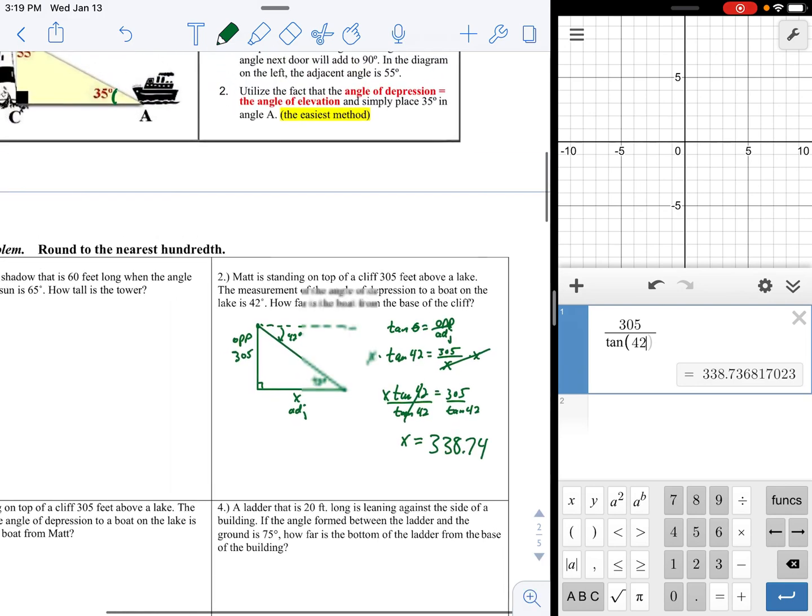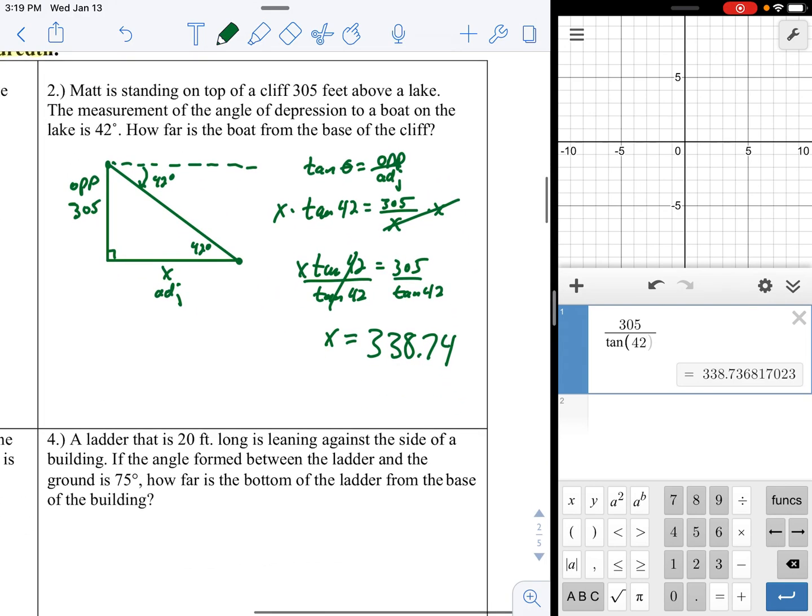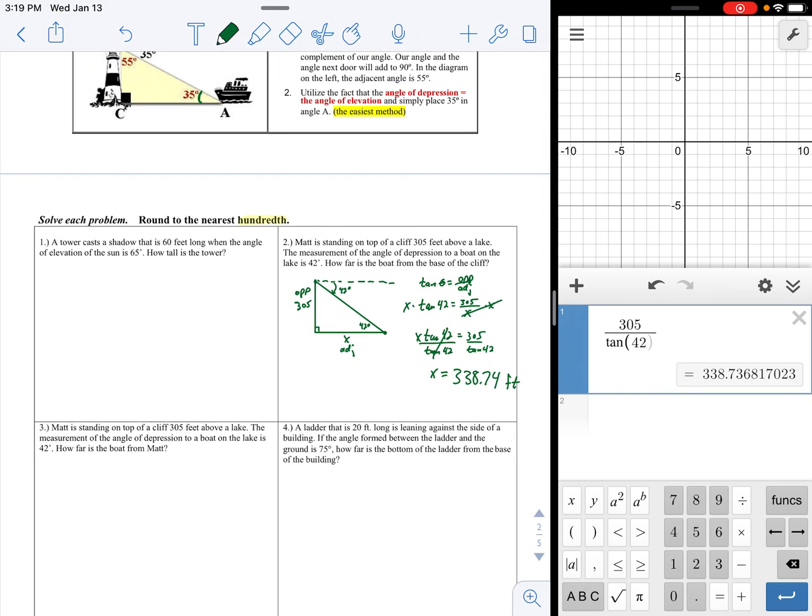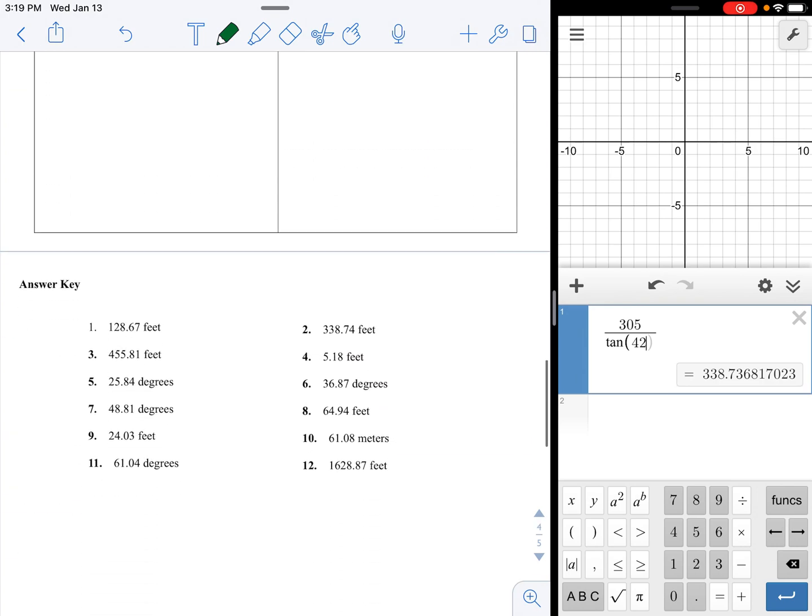I believe the directions say round to the nearest hundredth. Hundredth, that means 2 decimal places. So 338.74 feet should be my answer, and there it is.